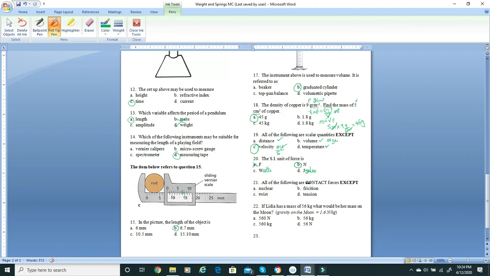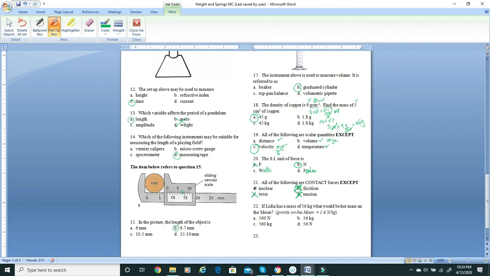All of the following are contact forces except. So what are the forces that need to be in actual contact with something else, except. So friction, you need to be in touch with something. So that's not it, sorry. Tension, you need to touch it to experience it.